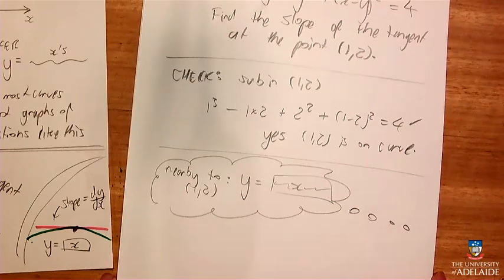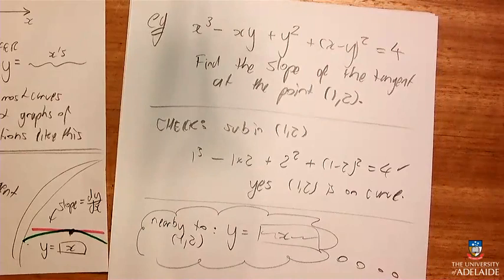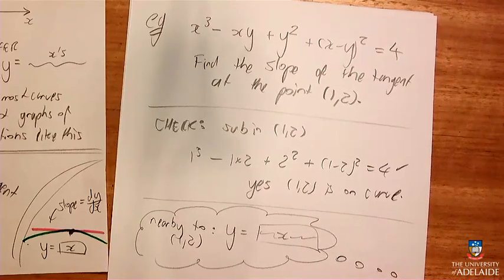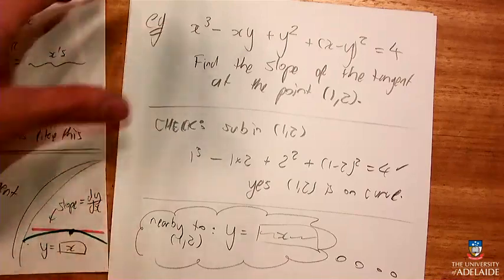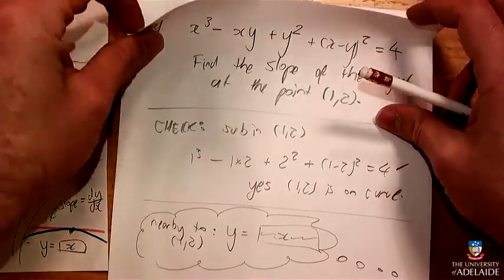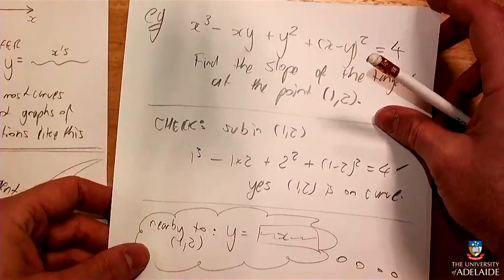Okay, so when I do the derivative, it's going to need to involve imagining that there's a function there. So now I need to keep track of both of them, so let me just copy this here.